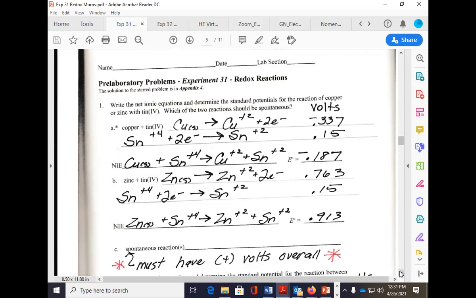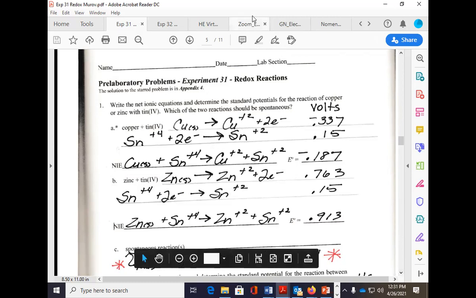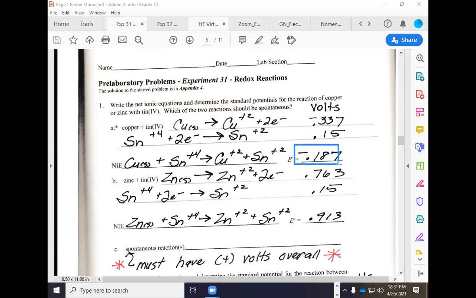Ah, you must have a positive volts overall. So that means we're comparing: 1A has a negative volts and 1B has a positive volts. And so I'm telling you, you need to have a positive volts overall, so then you have to put the answer in. I'm not going to do everything for you. But that's a big hint. I can't get much bigger of a hint.